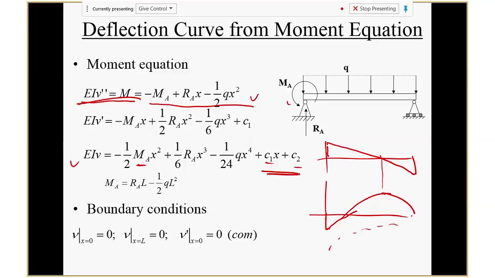Boundary conditions, right? So we do the same: v equals 0, v prime equals 0. Using these 2, you can determine 2 constants. Now we still don't know MA. How can I find out MA?